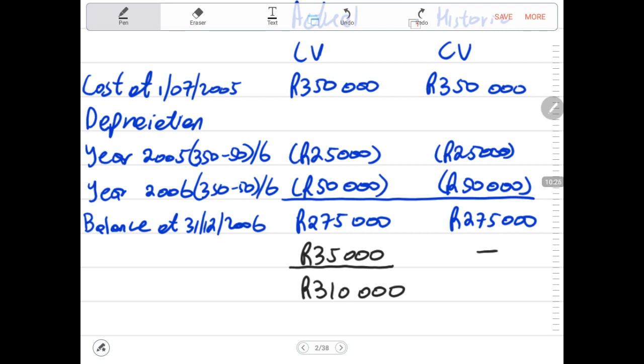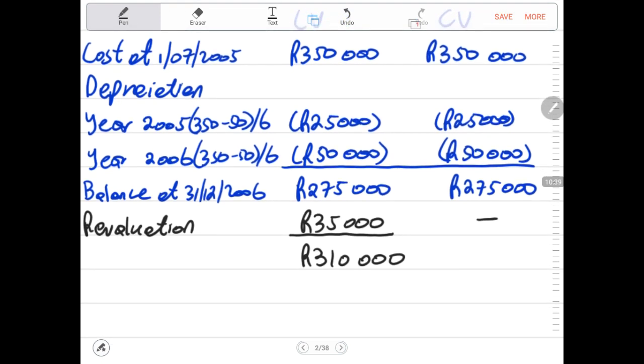So now here we'll just write revaluation. Then our revaluation is 35,000. There we have written our 35,000 rands. Then now we get to our balance after the revaluation, meaning this was the balance before the revaluation. I always say that you can't write it before time because you don't know that it is before.